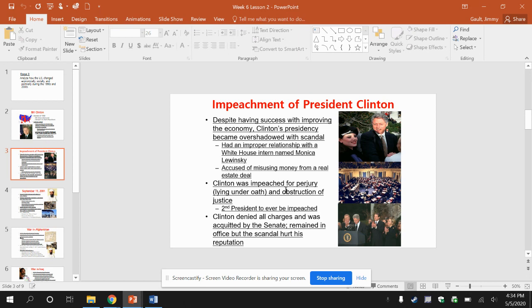President Clinton, I remember the question now. He is going to be impeached for perjury. Some of you know he was accused of having improper sexual relations with one of his White House staff members, one of his interns. And so there's going to be a court case about this.